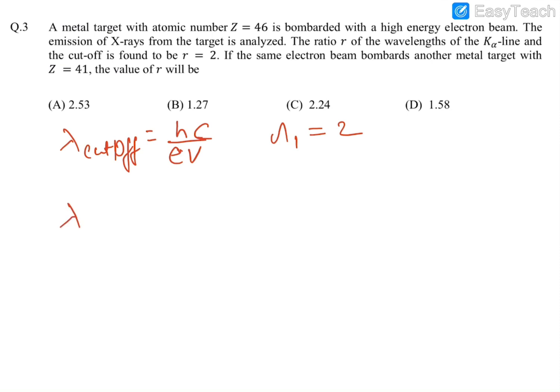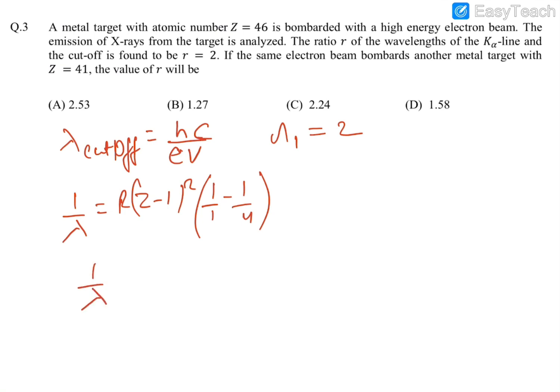So the ratio R1 is initially 2 when Z is 46, and we know that for lambda characteristic, 1 by lambda is R (Z minus 1) square into (1 by 1 minus 1 by 4). So we can say that 1 by lambda is proportional to (Z minus 1) square. So lambda will be proportional to 1 upon (Z minus 1) square.